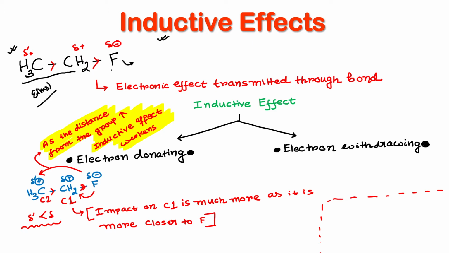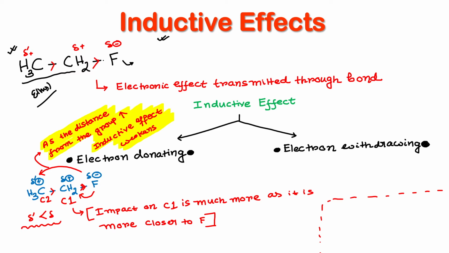Okay, so as this fluorine atom has very high electronegativity, it will try to draw more electron density towards itself. You can see that this carbon fluorine bond is a type of covalent bond where carbon and fluorine share their valence electrons.